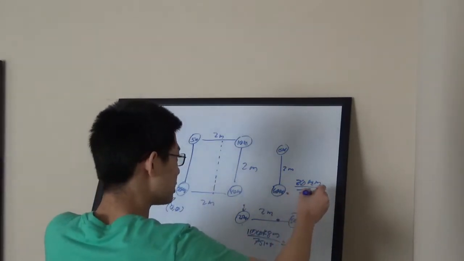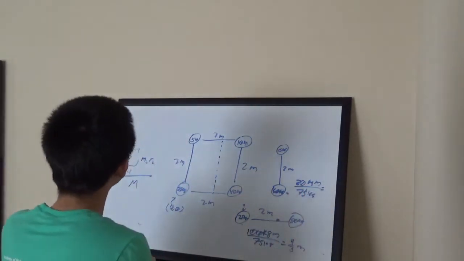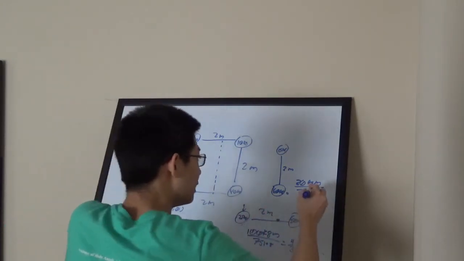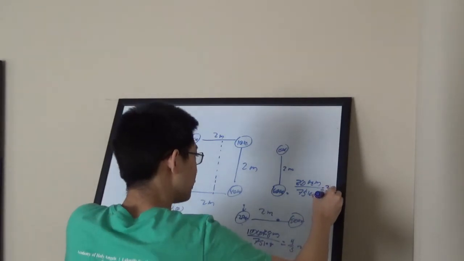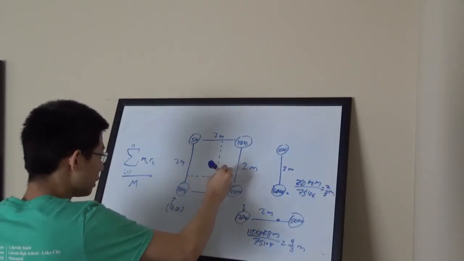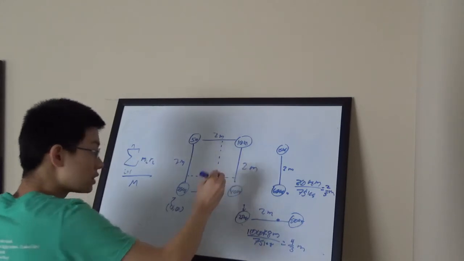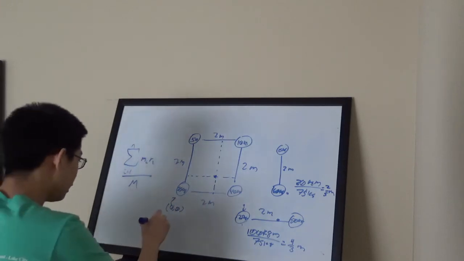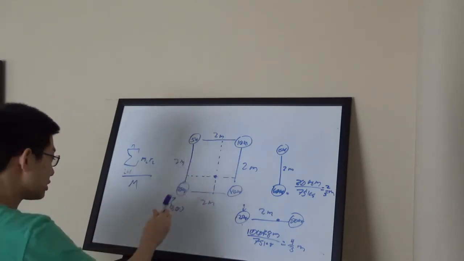So 30 over 75, 2/5. So we got 2/5 meters. So we move 2/5 meter up here, and there we go. Here is our center of mass. How do we write that as a coordinate though? Well, I said, right, we moved 4/3 meter to the right.